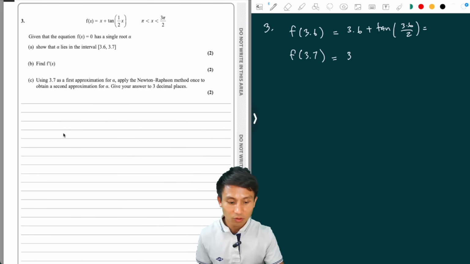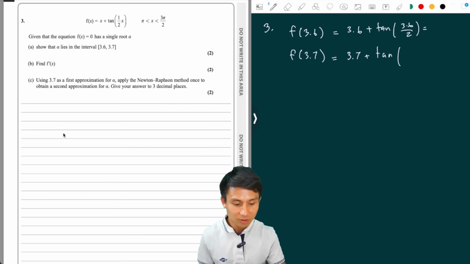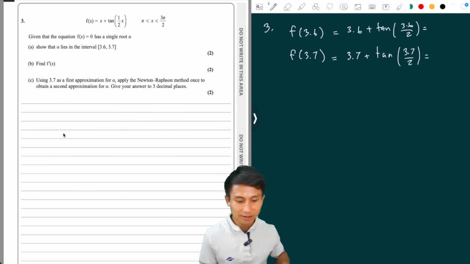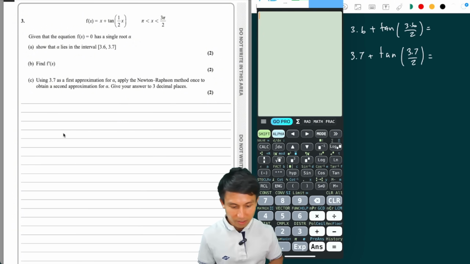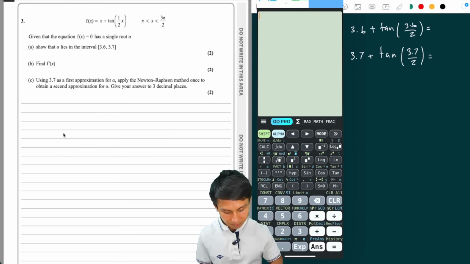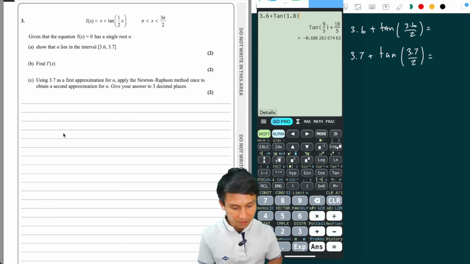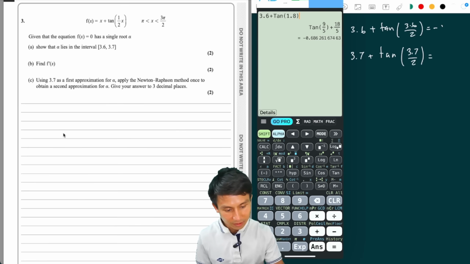Just for the working marks, which I think is just one, really, or actually none. Okay, so I'm going to use a calculator, and let me check it's in radian mode. So 3.6 plus tan of 1.8, there, because divide by 2, so I get a minus here.